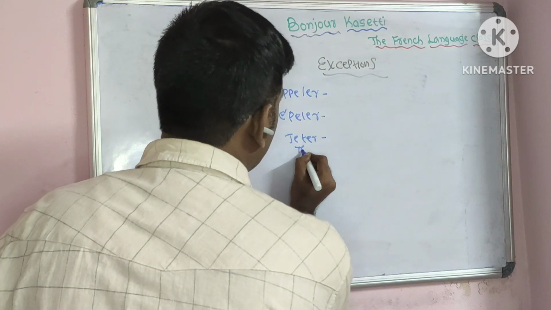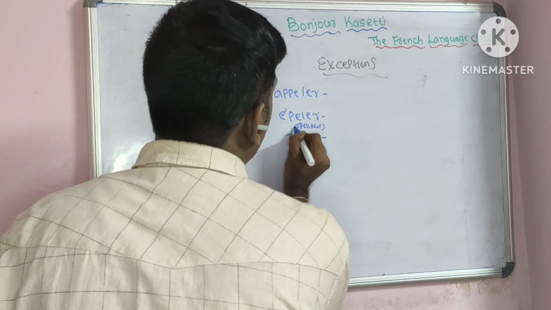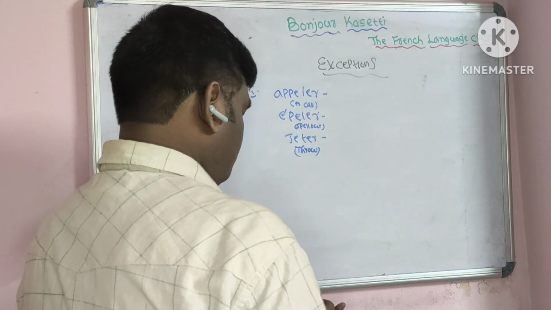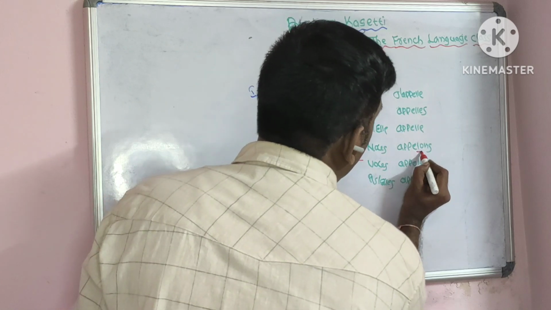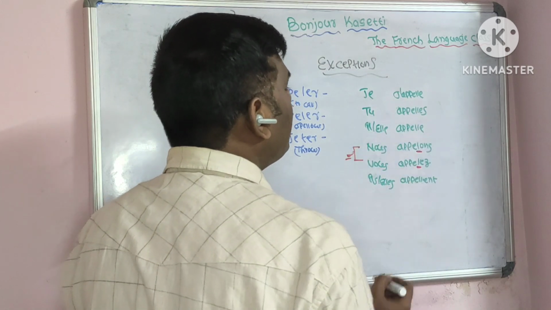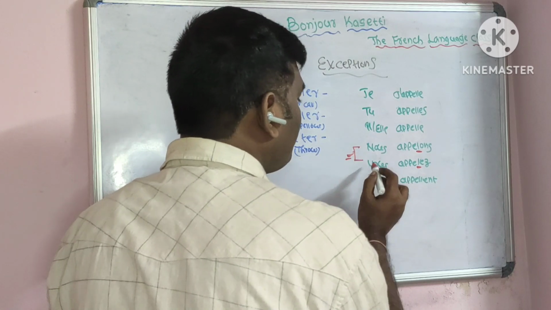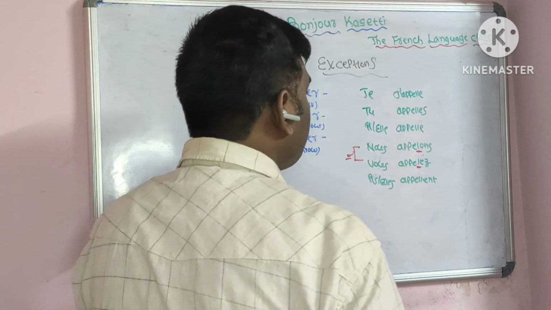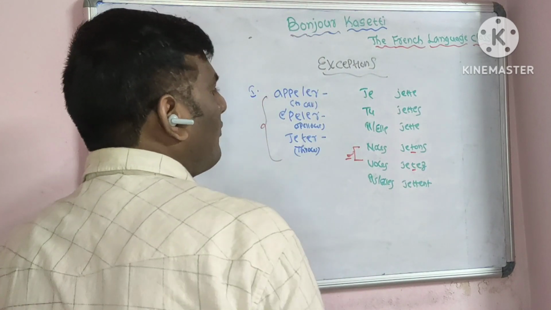Okay, to remember, for nous and vous we are adding only a single L. For the remaining conjugations we are adding a double L. For these three verbs we have some exceptions while writing conjugation. In jeter also, for nous and vous we are taking only a single T. This is one type of exception.